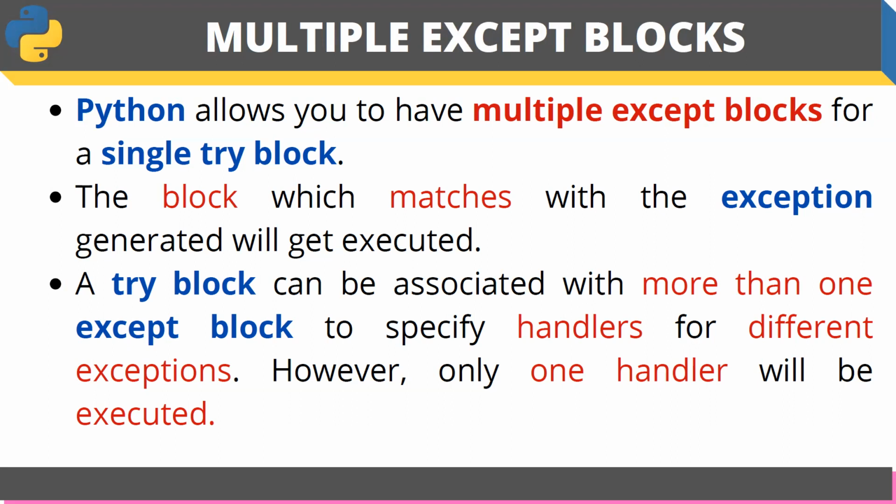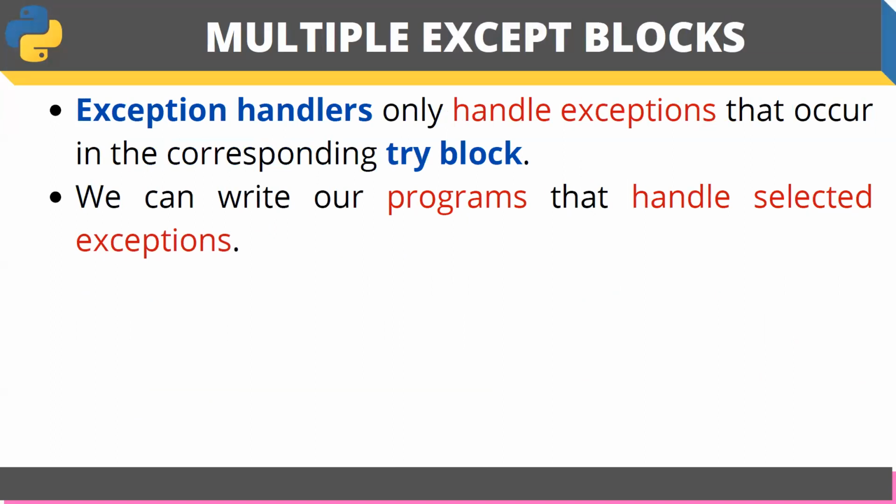A try block can be associated with more than one except block to specify handlers for different exceptions. However, only one handler will be executed. Exception handlers only handle exceptions that occur in the corresponding try block. We can write our own programs that handle the selected exceptions.